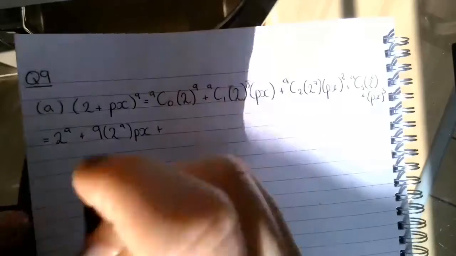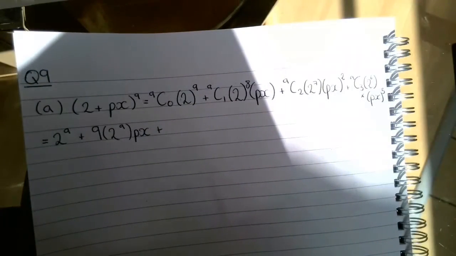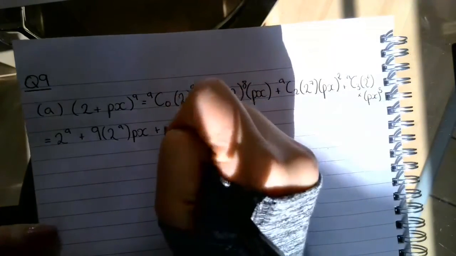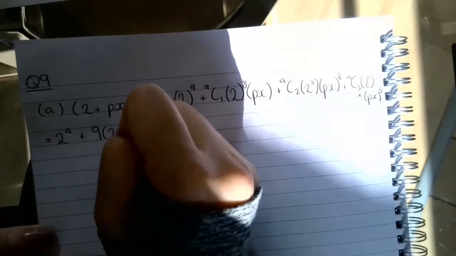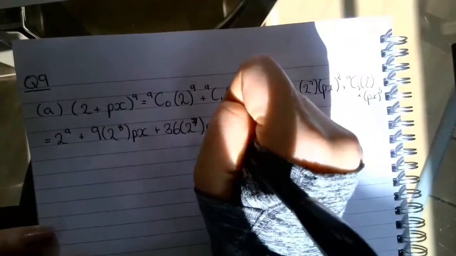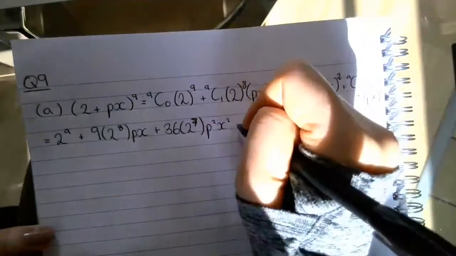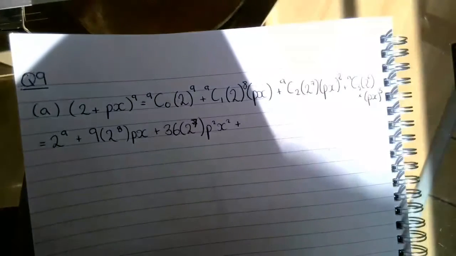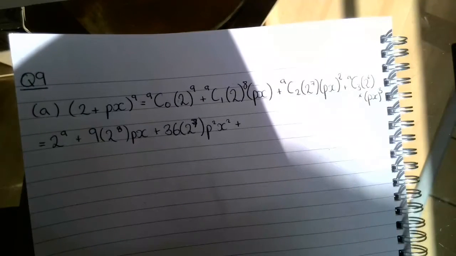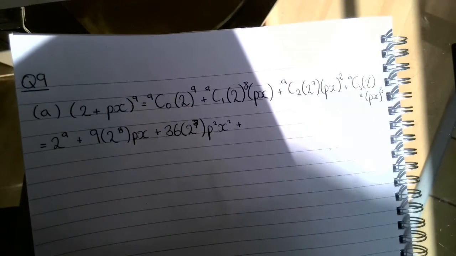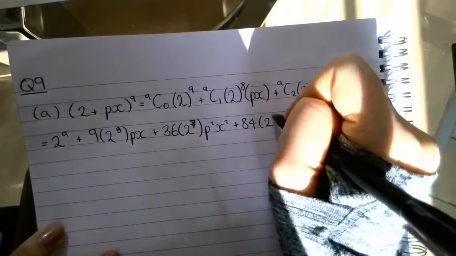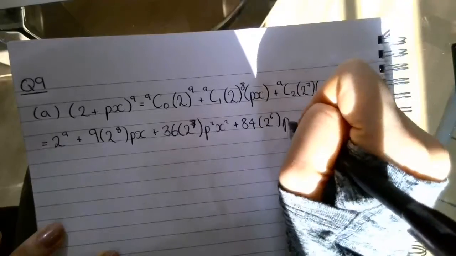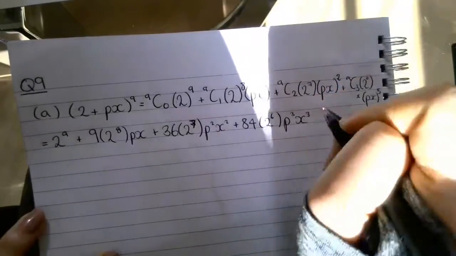Then we're adding 9 choose 2, that is 36, 2 to the power of 8, oh sorry, that should have been 7, so this is 2 to the power of 7, times by p squared x squared, and then 9 choose 3, that's 84, we've got 2 to the power of 6, and we've got p cubed x cubed.